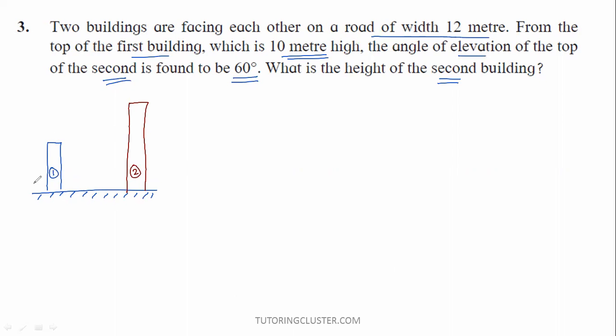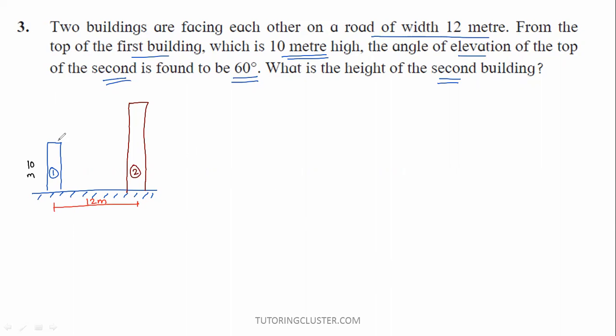Now read: two buildings are facing each other on a road of width 12 meter. So what is this distance? 12 meter. Now from the top of the first building, which is 10 meter high, this distance is 10 meter, the height of the first building.